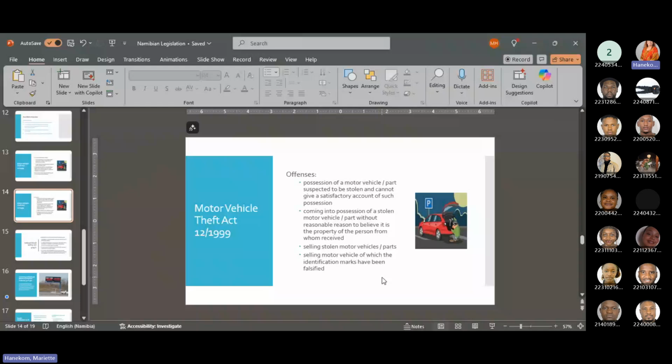Possession of a motor vehicle which is suspected to be stolen, coming into possession of a stolen vehicle without having reasonable reason to believe that it's the property of the person from whom it was received, selling stolen motor vehicle parts, or selling motor vehicles of which the identification marks have been tampered with or falsified. So not the actual crime of stealing, but related crimes.